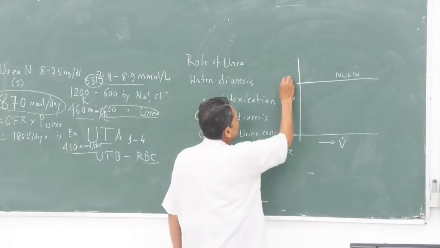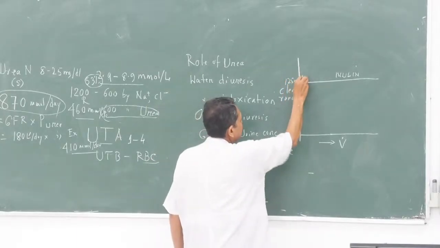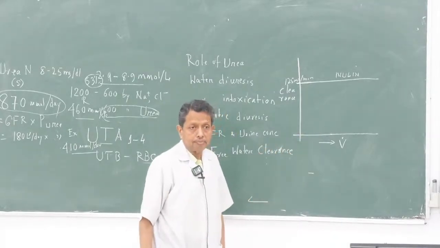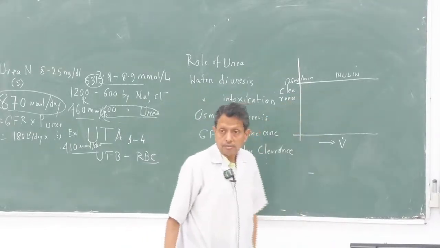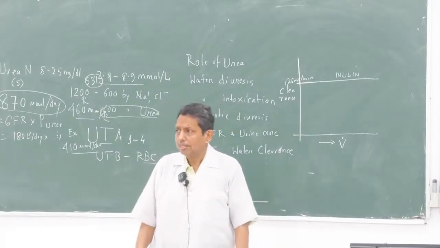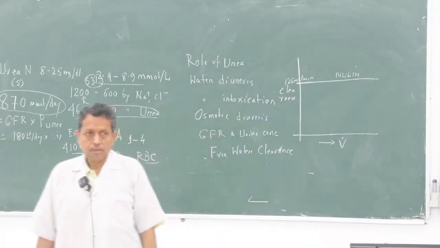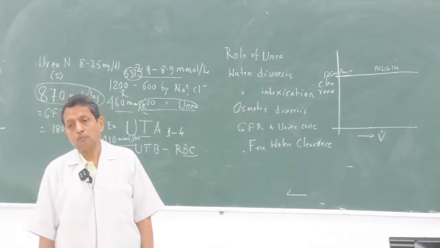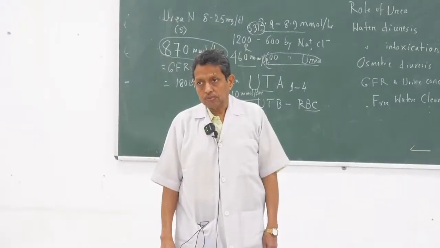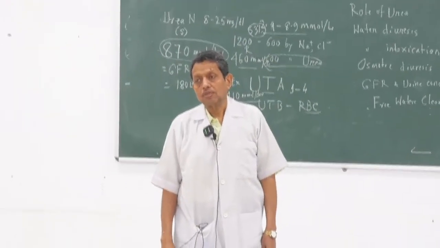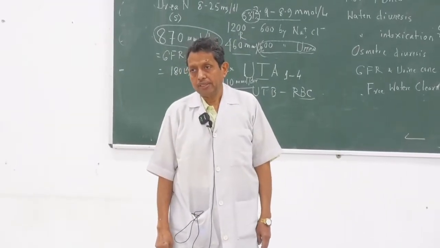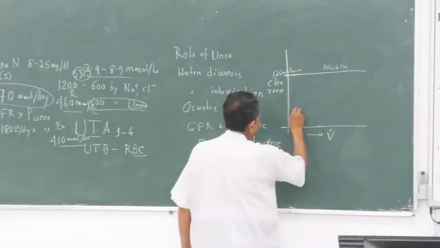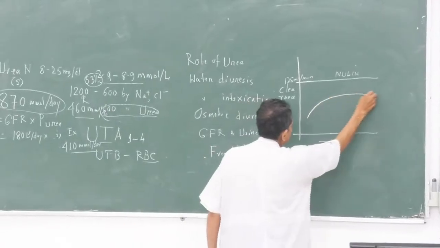That is 125 ml per minute. But in case of urea, it is flow dependent. Inulin clearance is independent of flow rate, so its value is parallel to that of the abscissa, the urine flow rate. But in case of urea, it will be this type of figure. Urea.